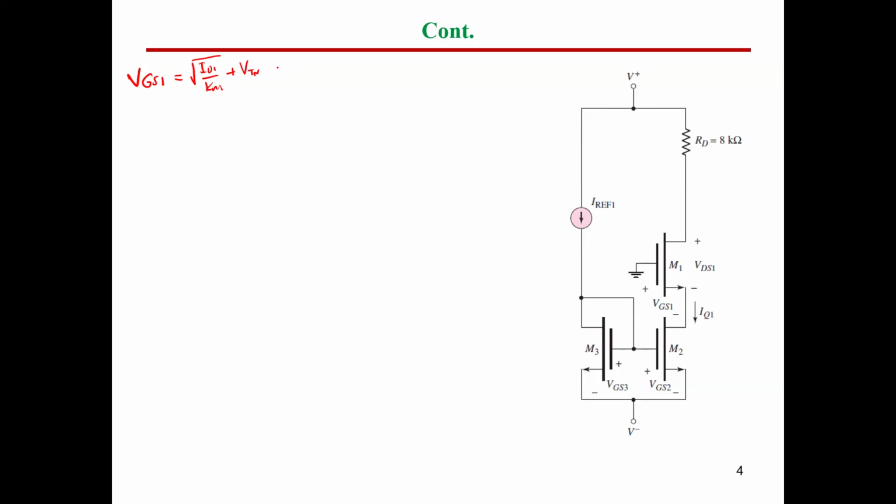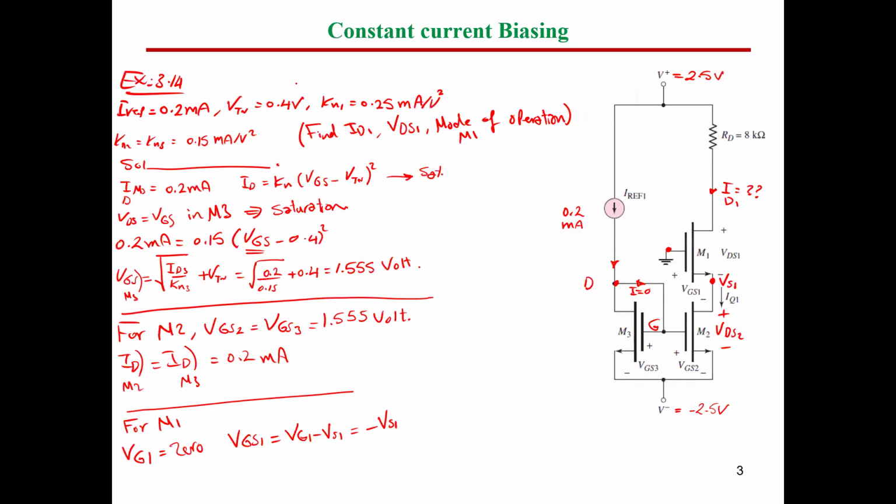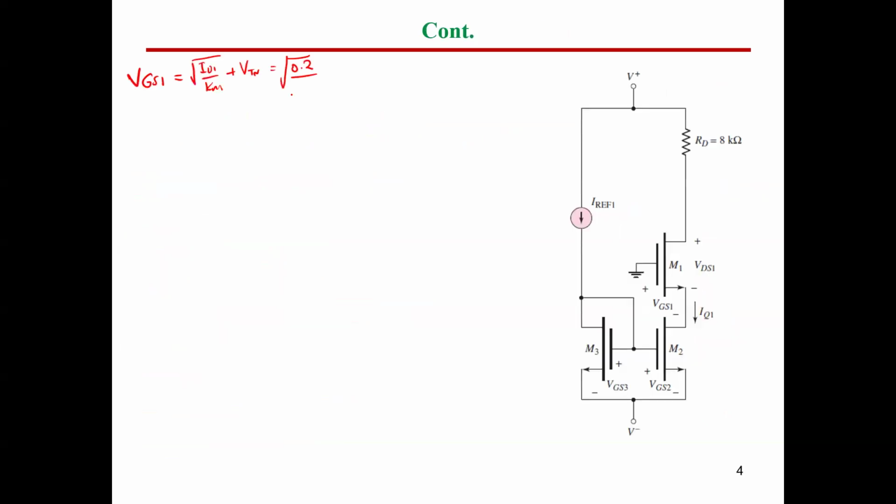So this is going to be now root of 2.2 divided by Kn for MOSFET number 1, which was given. Kn1 equals 0.25. So divide by 0.25 plus VTN, which is 0.4. So we can get VGS1. So VGS1 is, if you calculate that, it would be 1.29 volt.